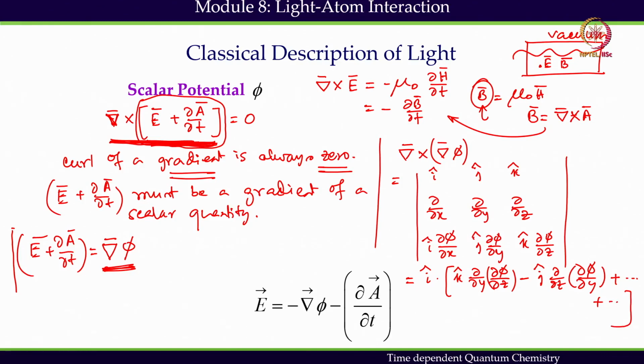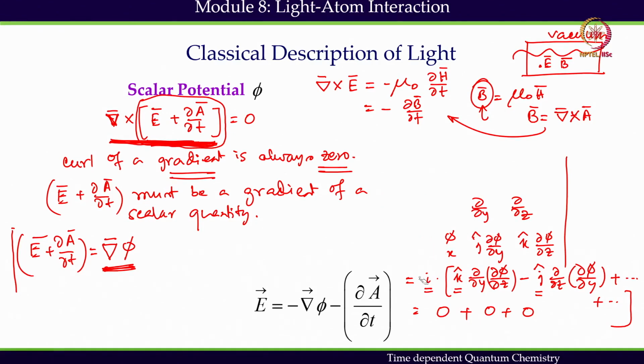Now, look at these terms. Here the terms cancel pairwise, which means that the first term will be 0. Similarly, the second term will be 0 and the third term will be 0. So, the entire term will be 0. So, we have proved that the curl of a gradient is going to be 0. So, mathematically we are correct if we express it this way.